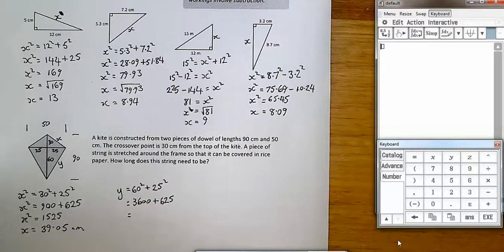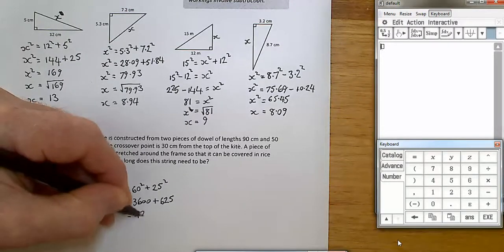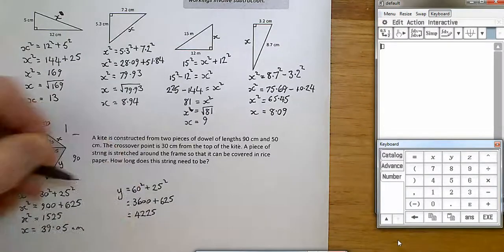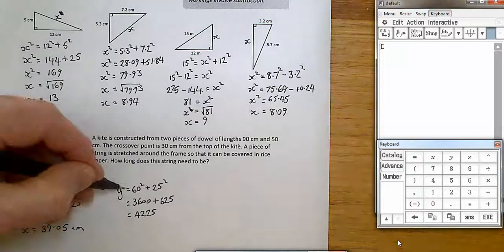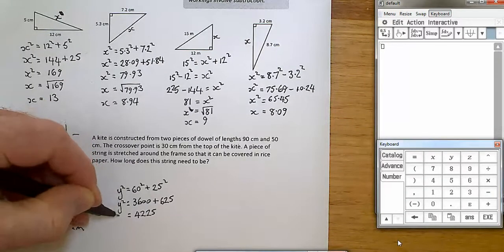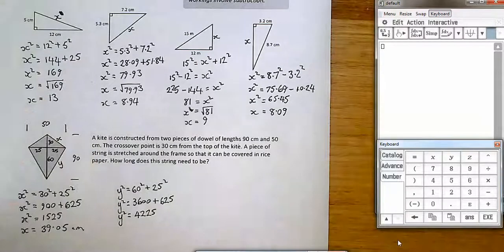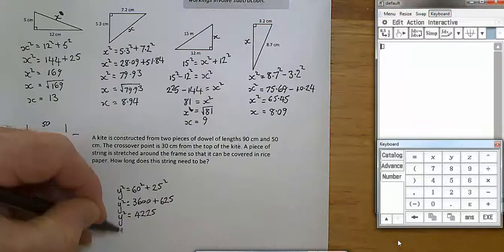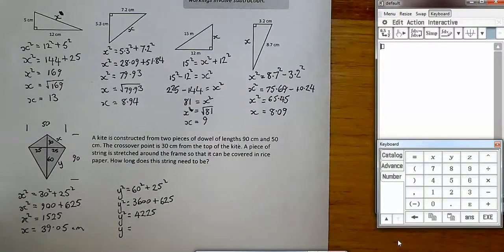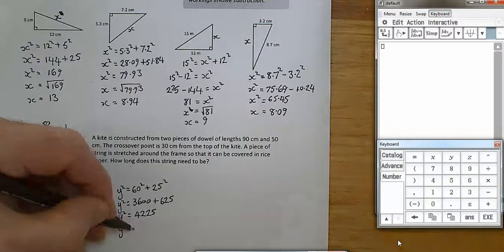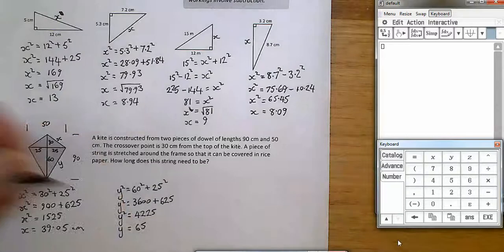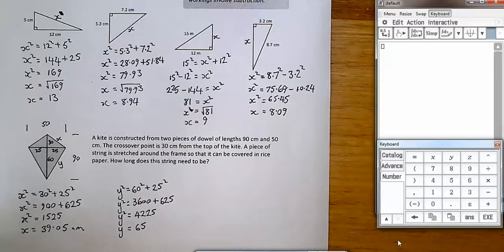So all up we've got 4,225, and that was y squared, wasn't it? And so that means that y is equal to the square root of 4,225, which equals 65.